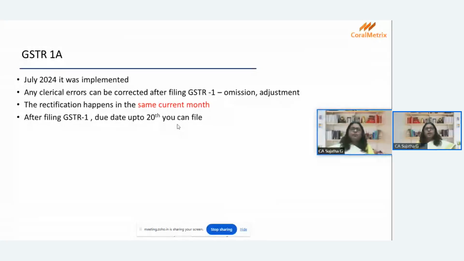In simple format, the government is trying to put a system in place wherein every recipient is availing the input tax credit at the correct time seamlessly, right?